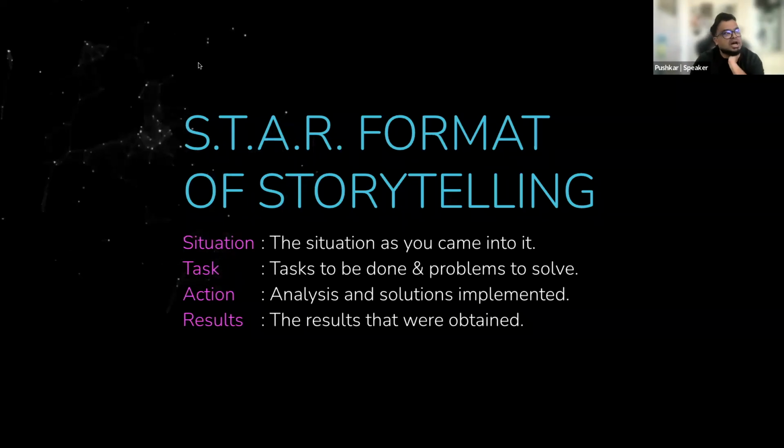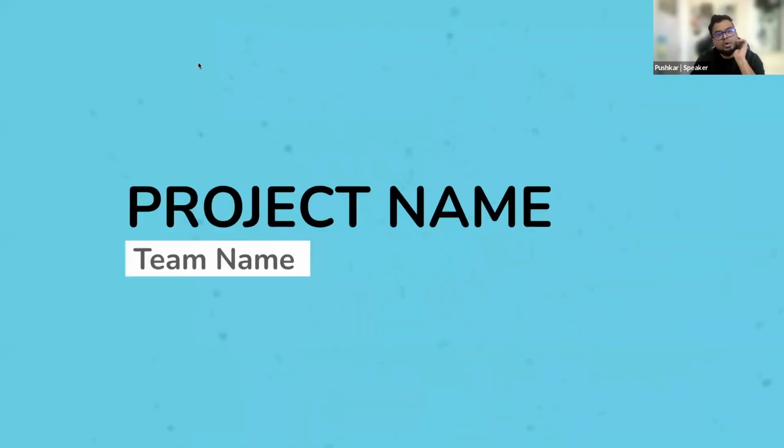So again, STAR format. I'm just going to go into a typical template of a case study that you would share. And don't worry, you don't have to take a screenshot. At the end of the project, CJ, me, and Iterate UX are going to share the link with you all. So you can just download the case study format and make it your own, right?